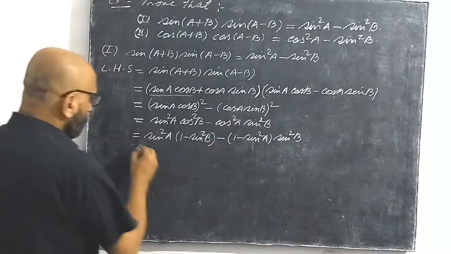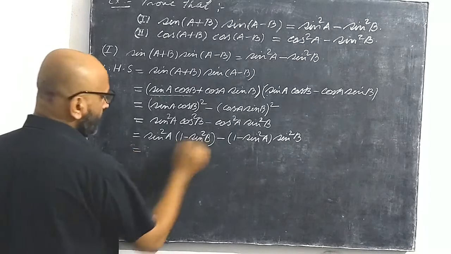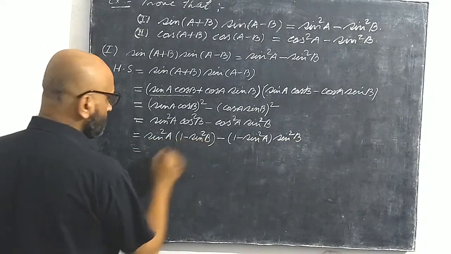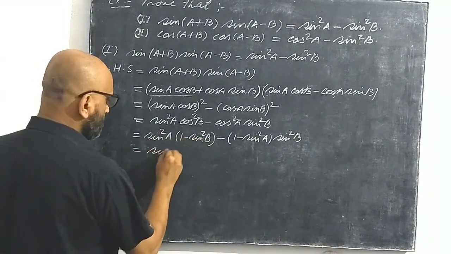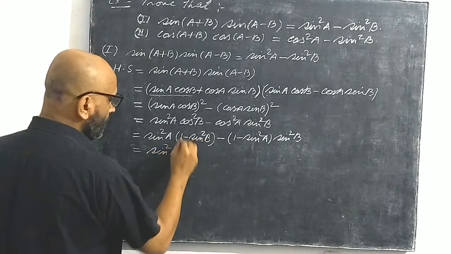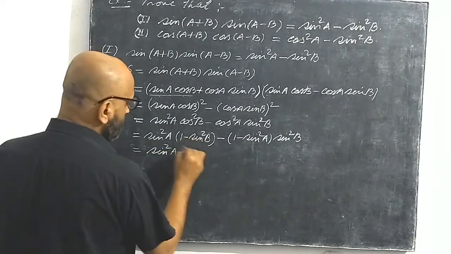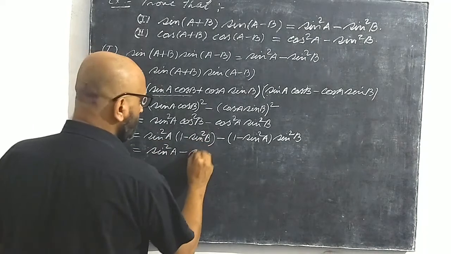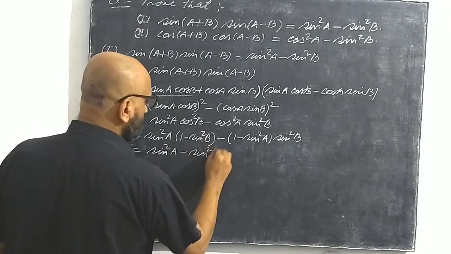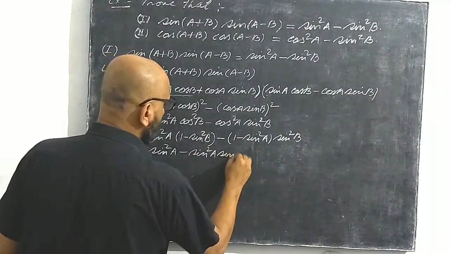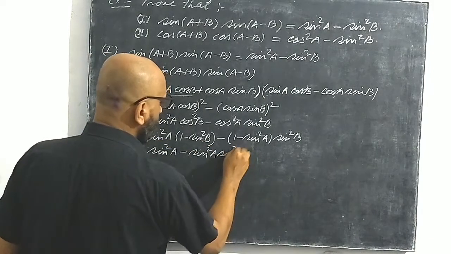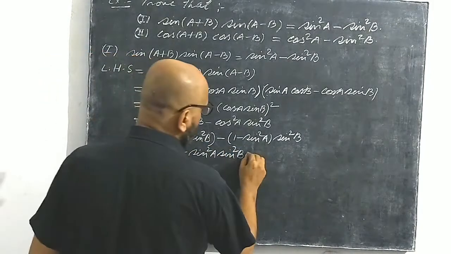Now we have to open this bracket, so sin square A will multiply both the terms. So we have sin square A into 1, that is sin square A, minus sin square A into sin square B.